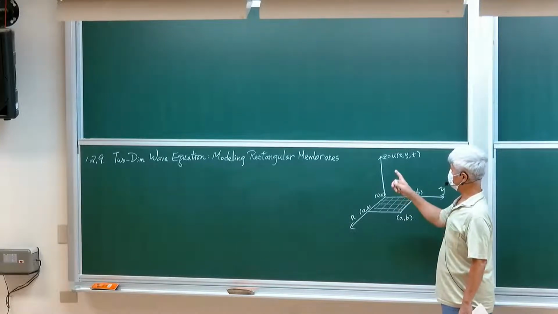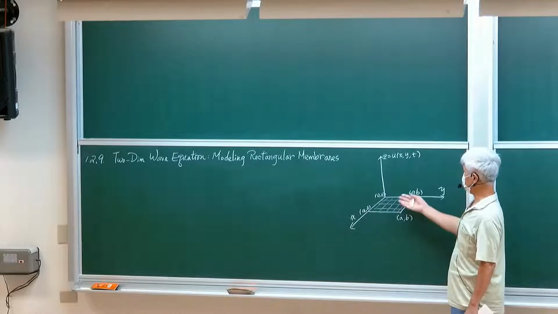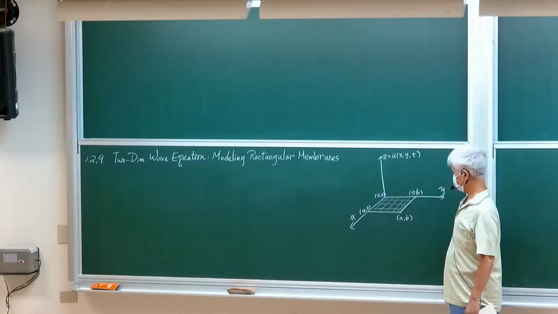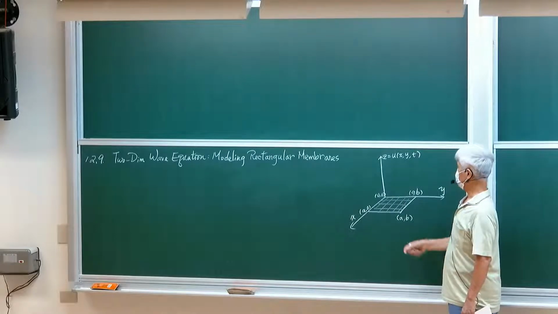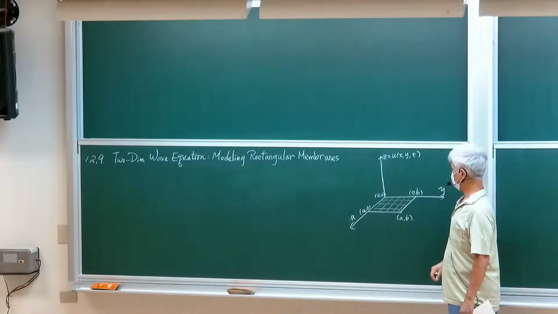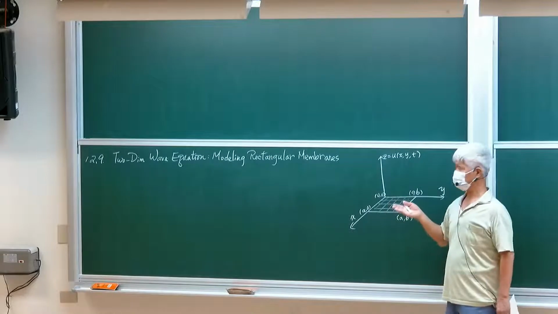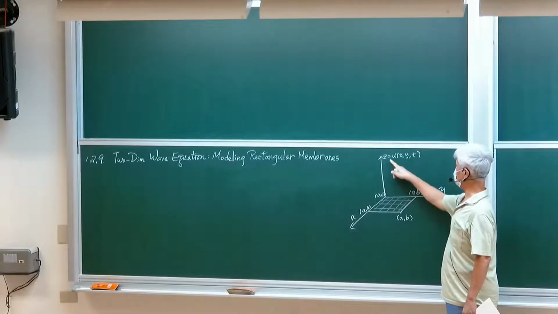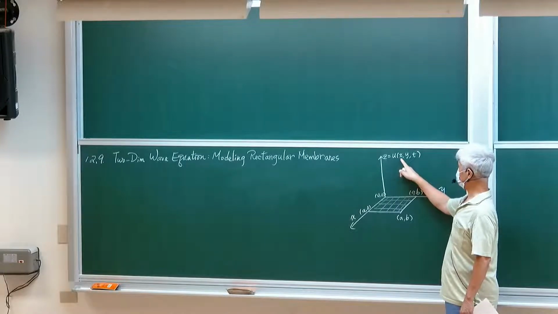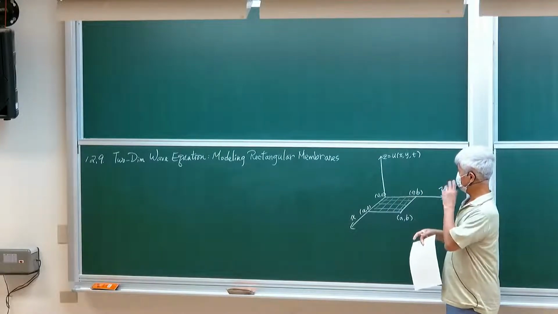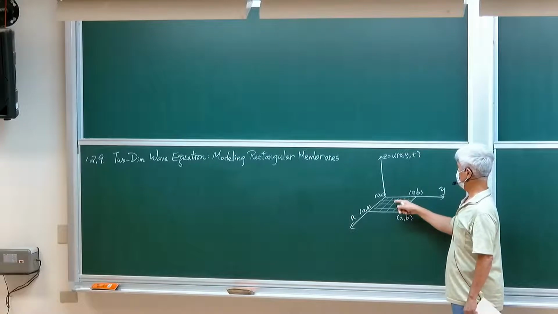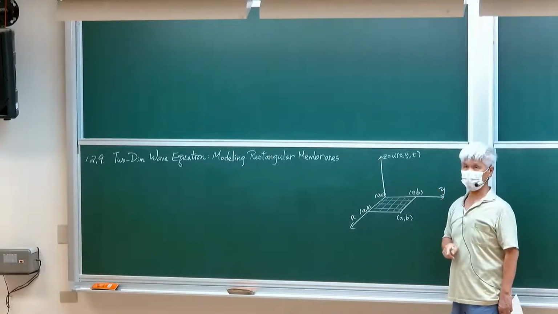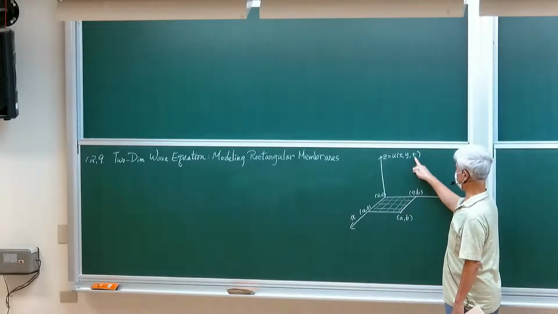And the two-dimensional wave equation is to model the deflection of the membrane, which will vibrate vertically. So the deflection will be a function of the point on the membrane with coordinates x, y, and at time t.